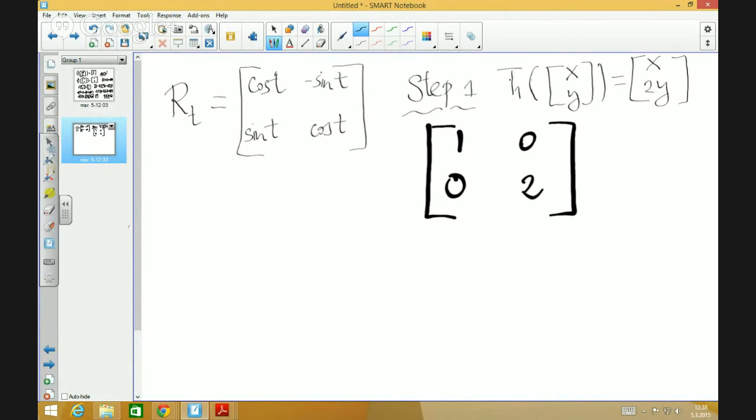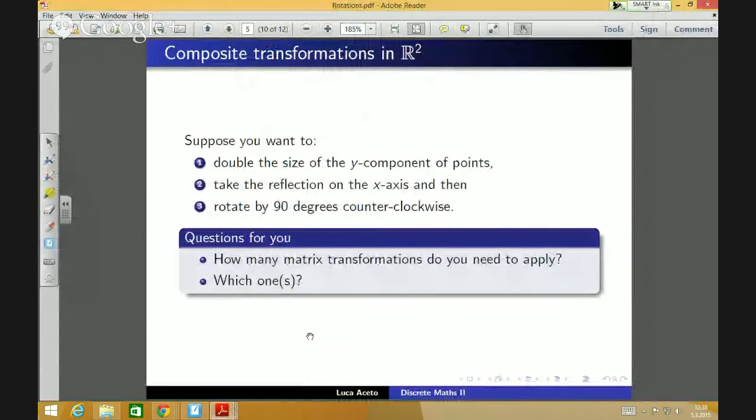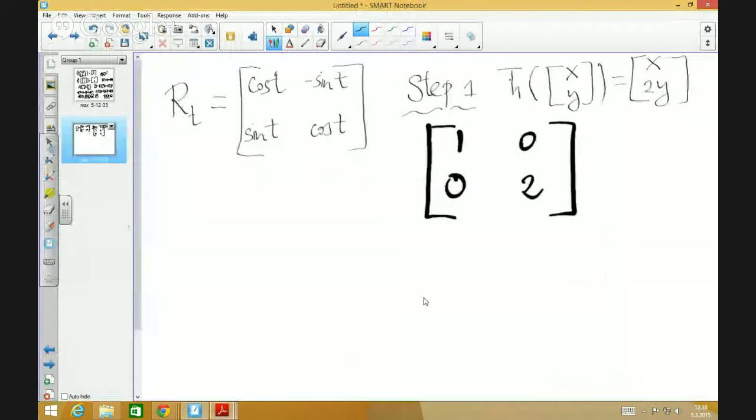Okay, so that was step one. How about step two? Step two said, take the reflection on the x-axis. So let's implement that.